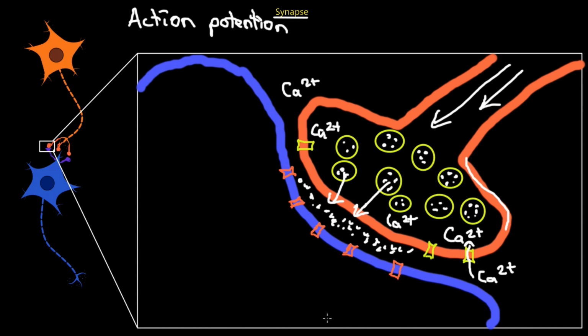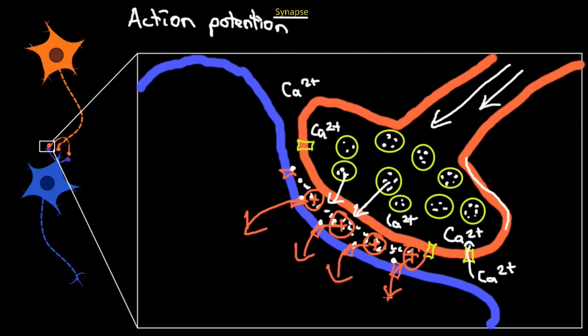And the neurotransmitter binds to receptors, so it's going to bind right here to these receptors on the target cell, and in this case it's going to cause positive ions to flow in. So we're going to have positive ions, plus, plus, plus, and all of that is going to flow into the cell.